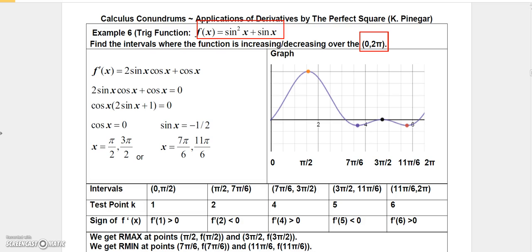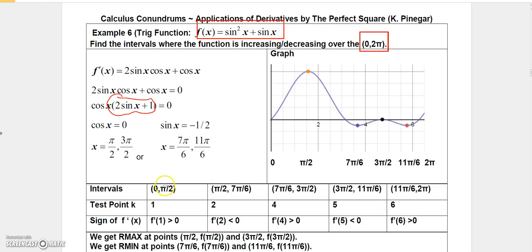And then you also have to set this factor equal to 0 and solve it. When you set that factor equal to 0, you get sine x equals negative 1/2, and then you determine that sine x is negative 1/2 when x is 7 pi over 6 or 11 pi over 6.